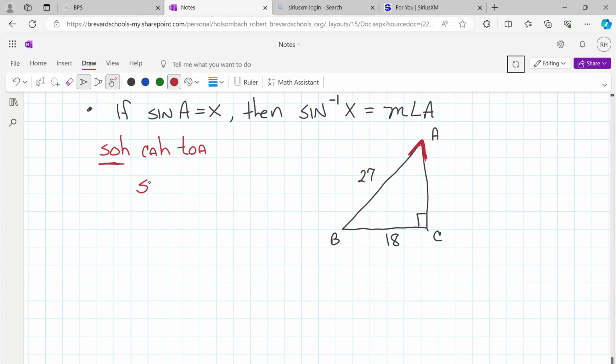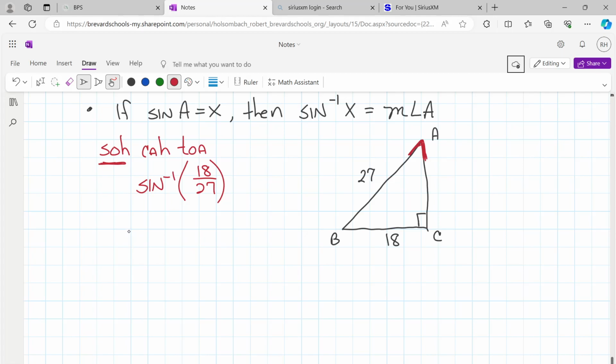We say inverse sine, which we write out, sine to the negative first power, left parenthesis, and we write a fraction, or we write the ratio that sine represents, which is opposite over hypotenuse. All right?